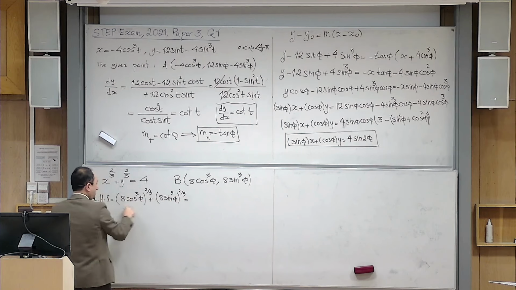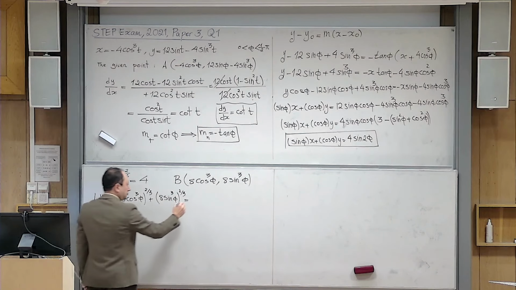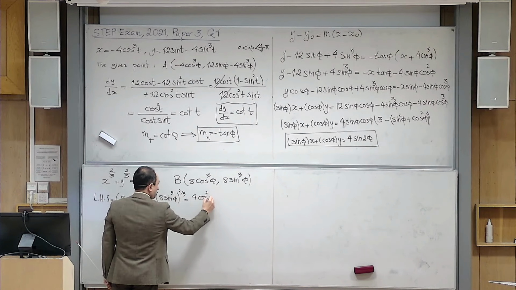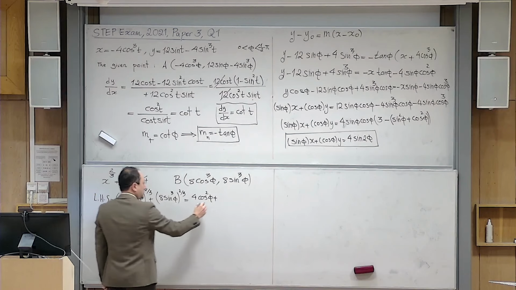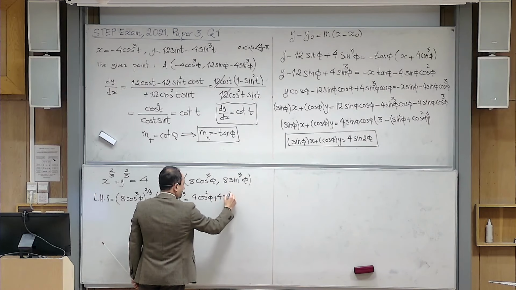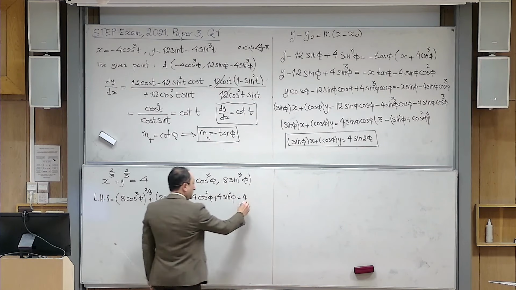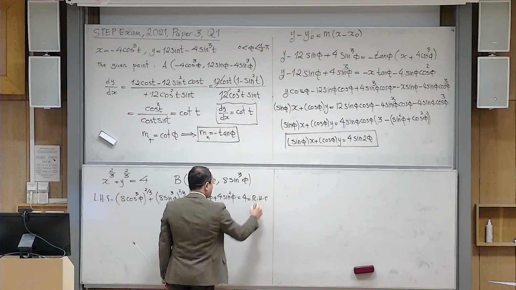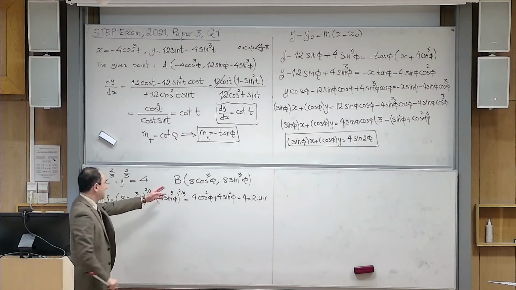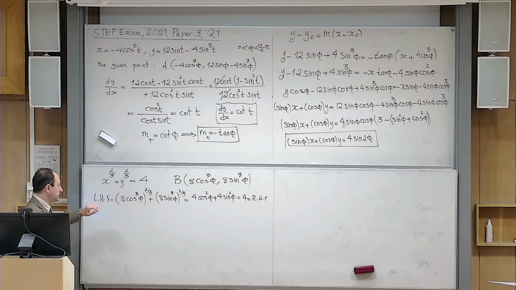But the answer to this is just 4 cosine squared, plus the answer to this is 4 sine squared. And then if I factor 4 out, the answer becomes 4, which is exactly equal to the right-hand side. So it is simple to see that this point B actually lies on this curve.